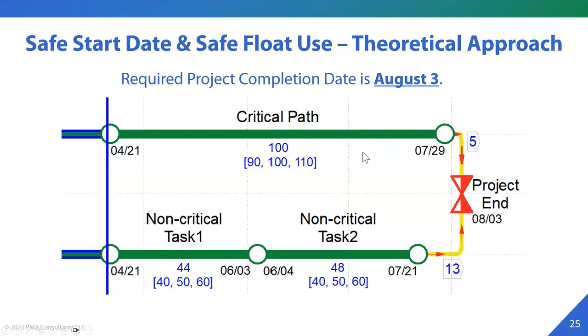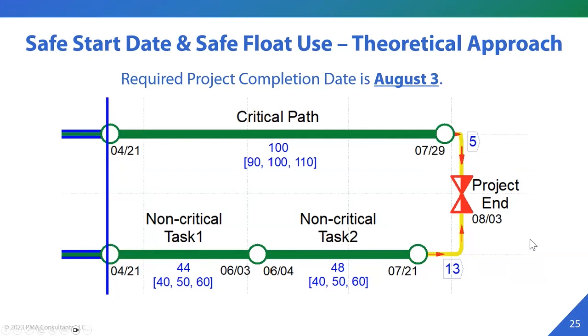In this particular case, I'm using the same example, but instead of using a 100-day duration, which we saw was very unlikely to happen, we are now adding a 5-day contingency. So we are picking a later end date, let's say. August 3rd is the project end date by which we want the project done.